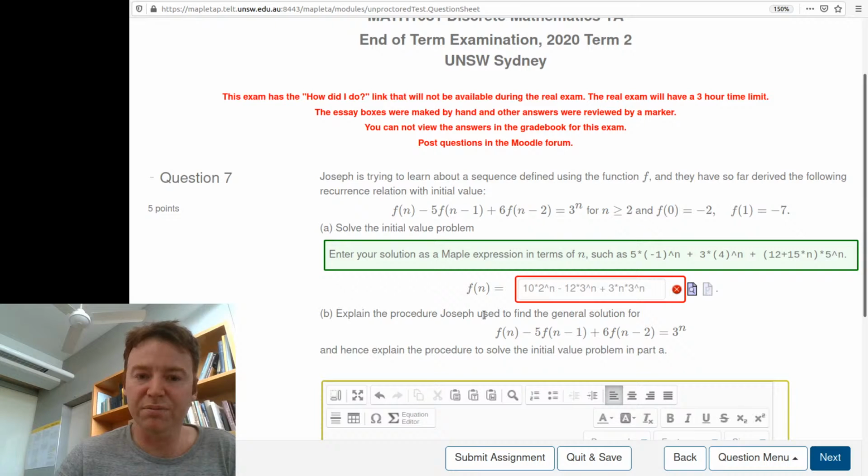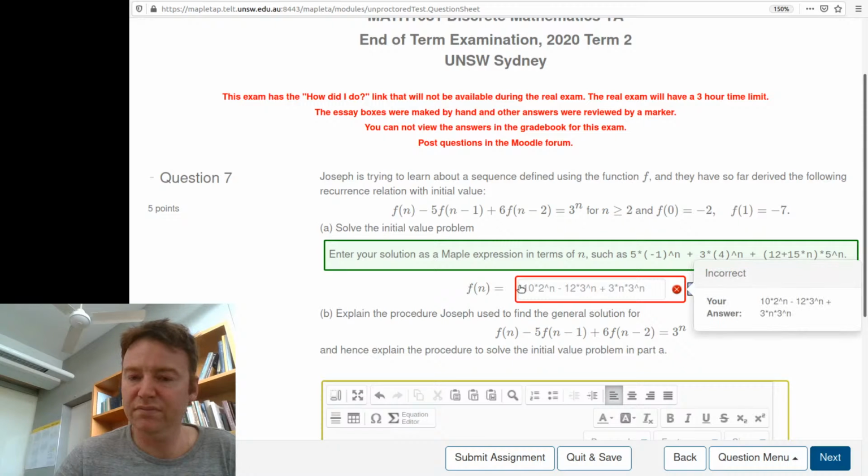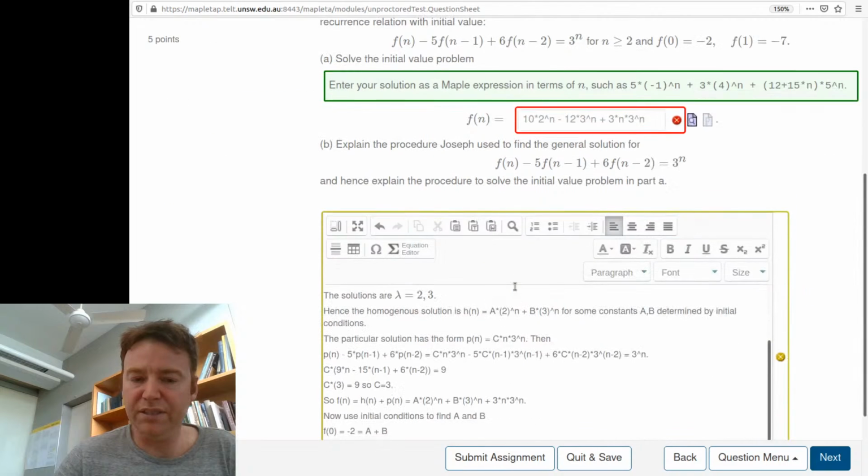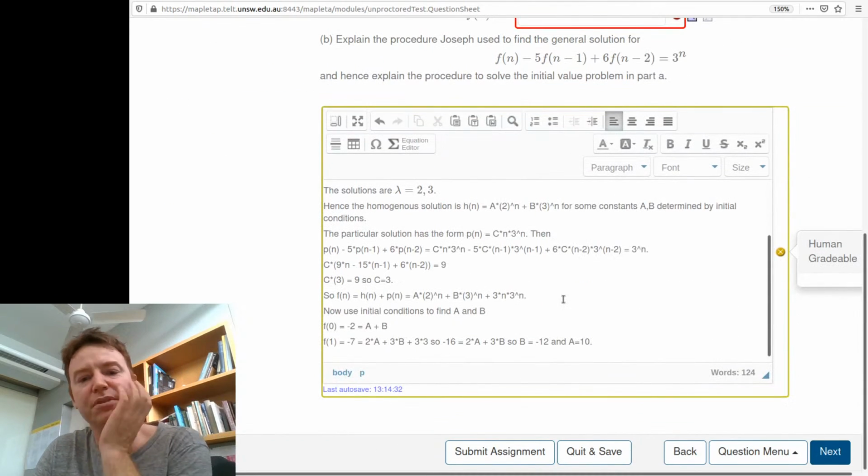Solve the initial value problem. Is it swimming lessons time? No, it's not swimming lessons time. What have I done here? Oh dear.